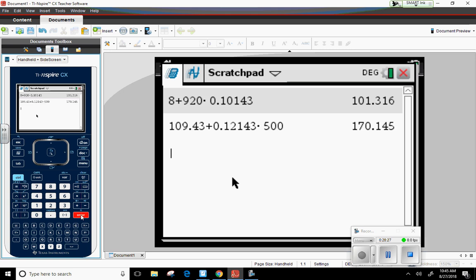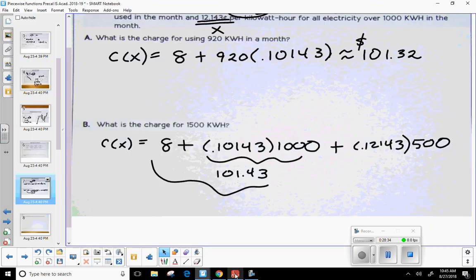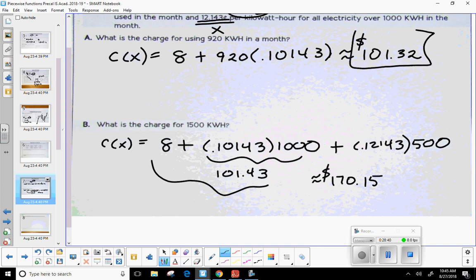Okay, so I'm getting $170 and what? 15 cents. 170.15. Okay, so the earlier amount was for 920 hours. That's the amount for 1,500, I'm sorry, I was reading the value.